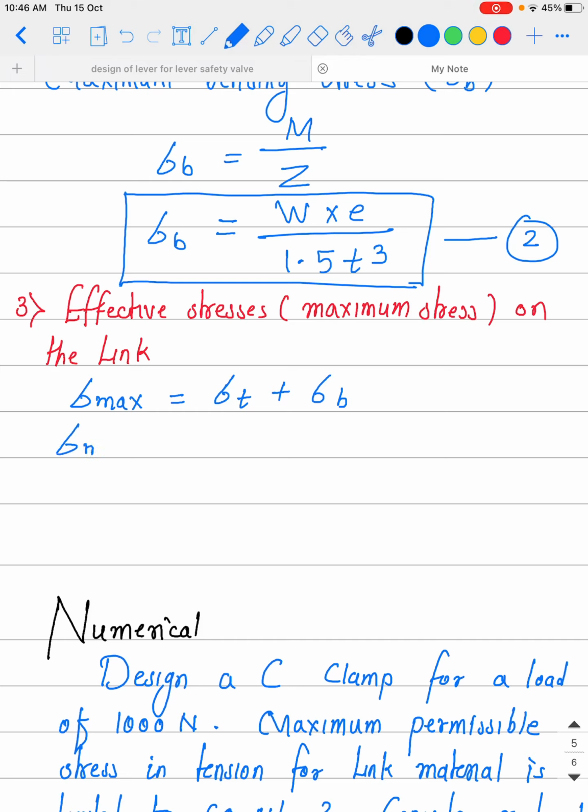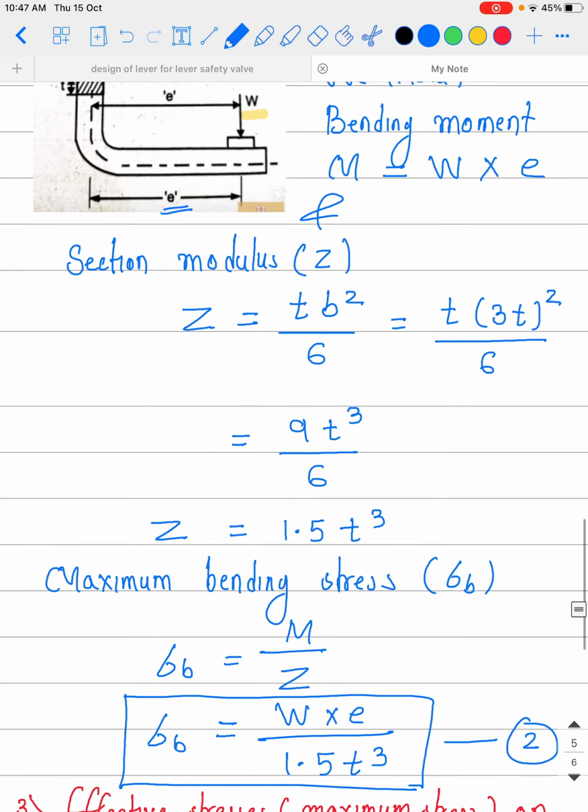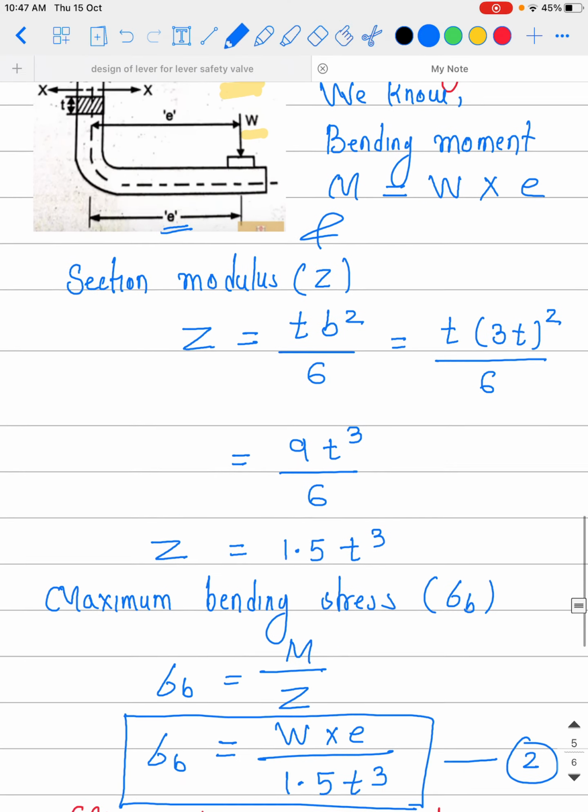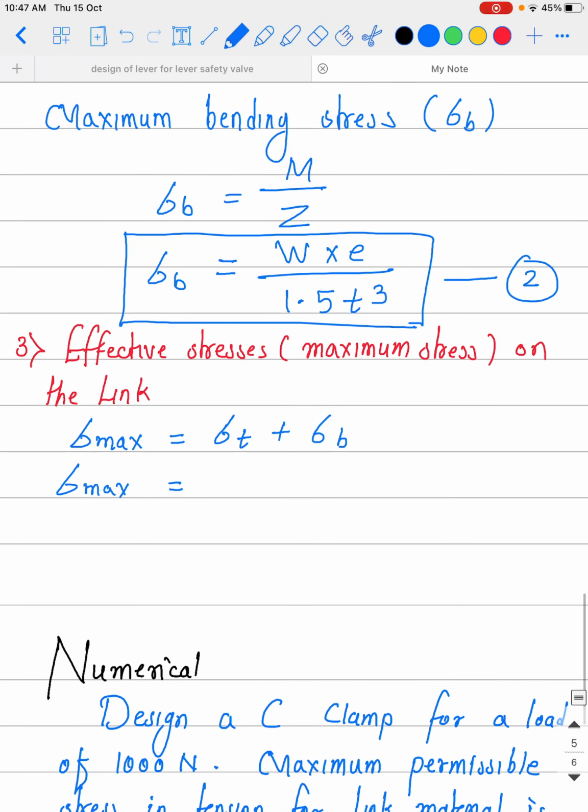So sigma max is equal to sigma T from equation 1, which is W divided by 3T square, plus sigma B, which is W into E divided by 1.5 T cube.